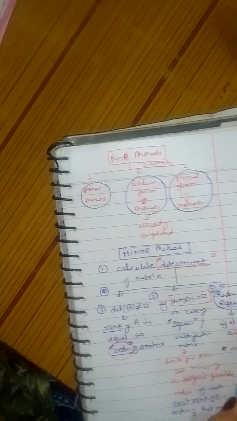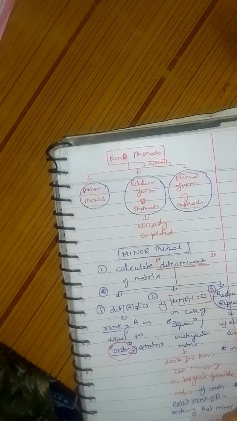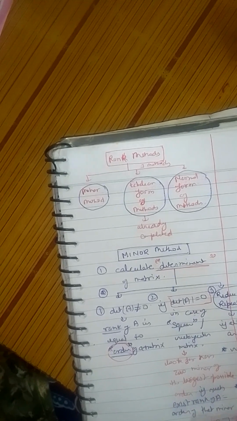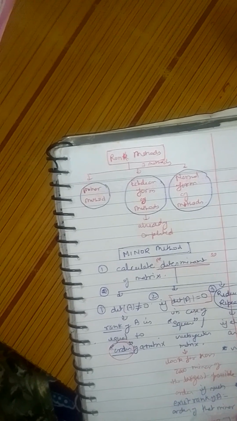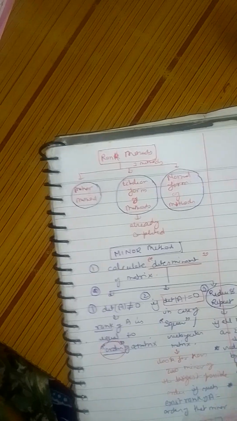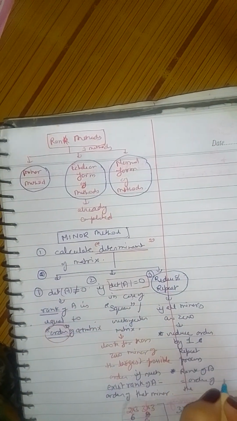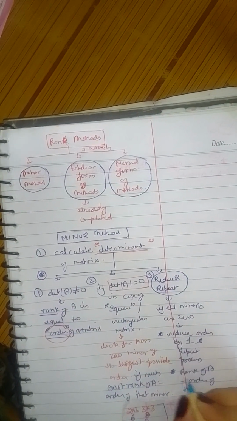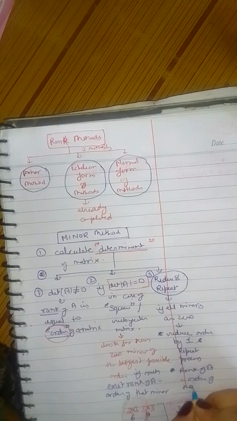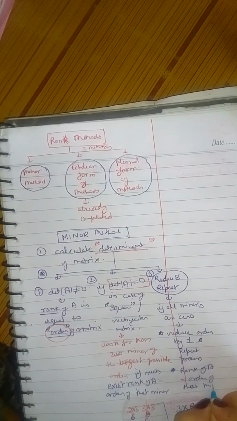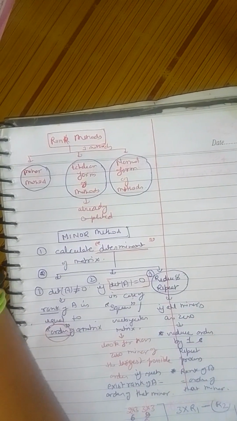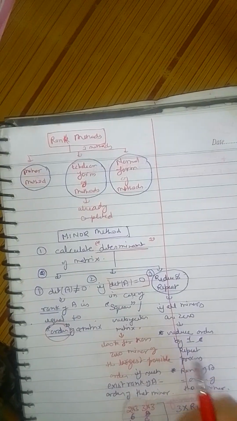And rank of A would be the order of that minor. This is all for the theoretical part in this video.